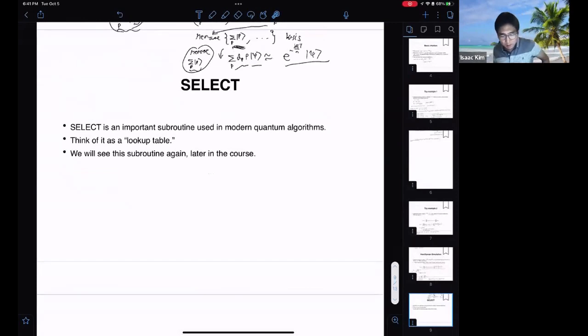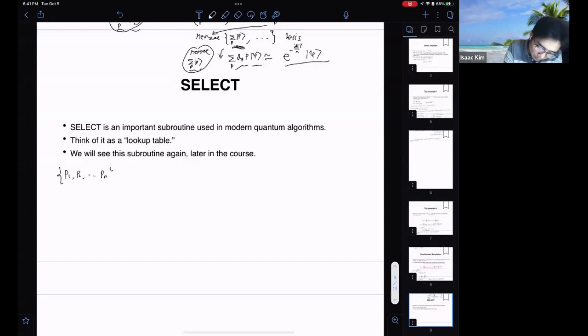Select you can think of as a lookup table, and what it does is the following. Suppose we have a set of Pauli operators, P1, P2, all the way to Pn.